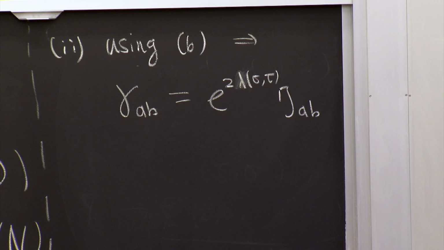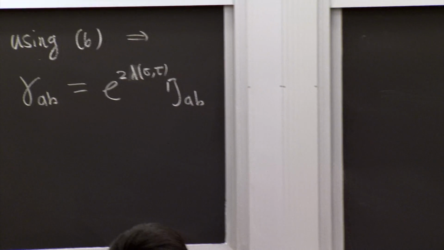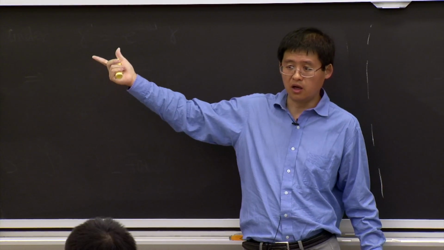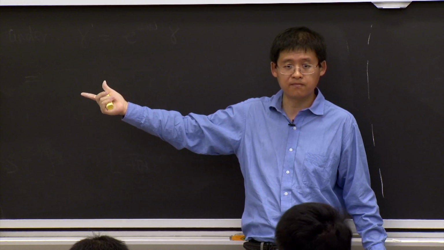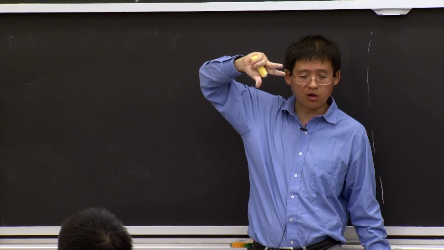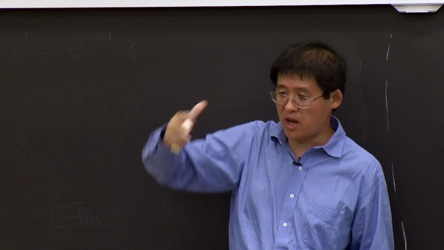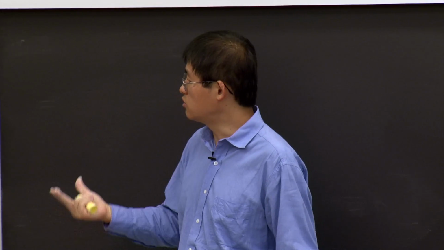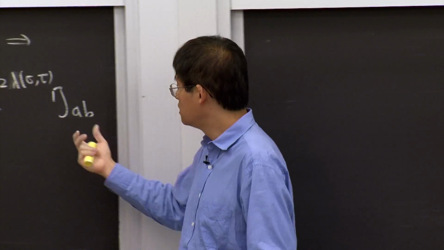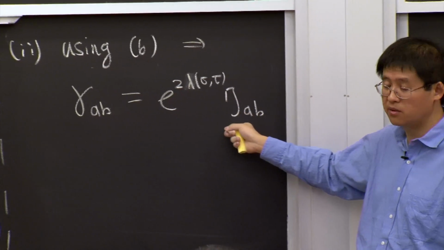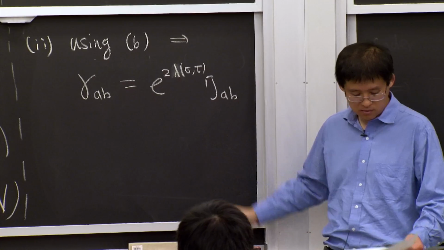I will not prove it here, but I urge you to go back and convince yourself of this fact. Starting with generic gamma AB, you can make a coordinate transformation so that in the new coordinates, gamma AB is only given by a prefactor times the Minkowski metric.